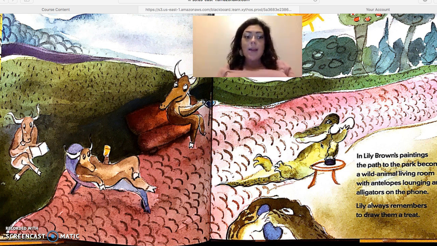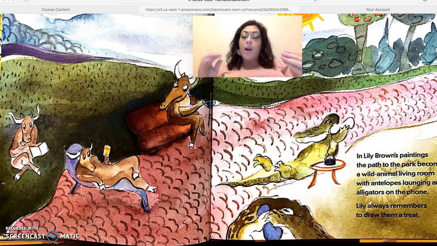And I think that together, these two really work to help set the tone of the book. When Johnson uses the active voice, that helps to show that everything is about Lily Brown.